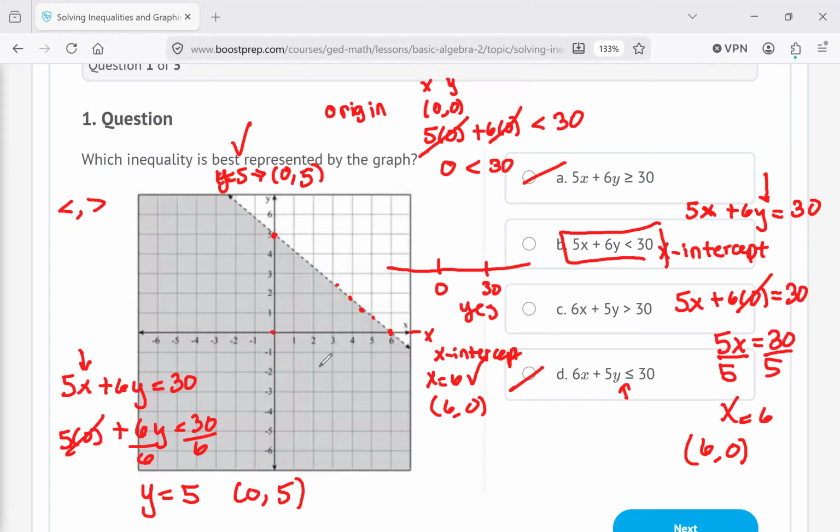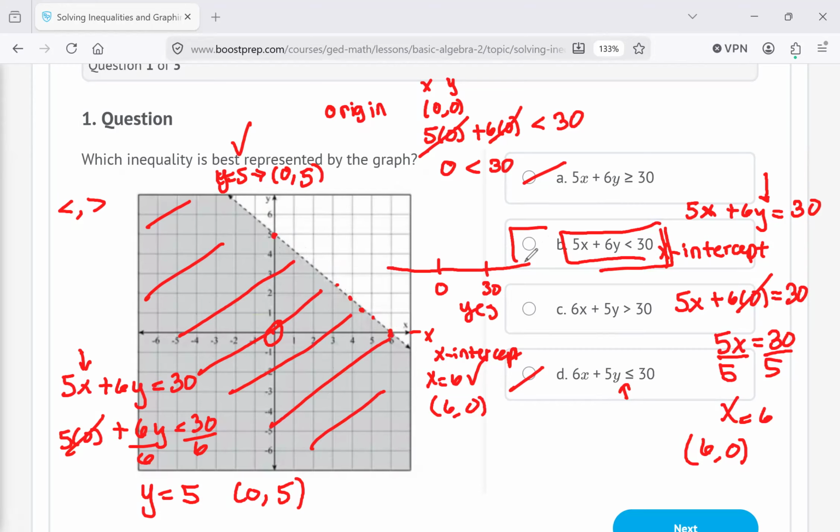So what that means is we picked the point (0, 0), and because it's a true statement, you're going to shade on that side. As you can see, the shading is correct, the x-intercept is correct, and the y-intercept is correct. Thus, this must be the correct answer, E.